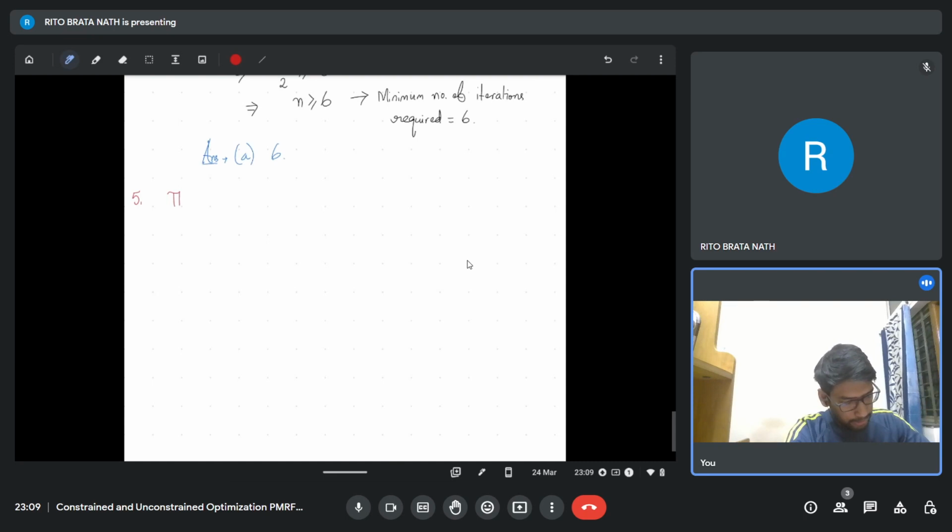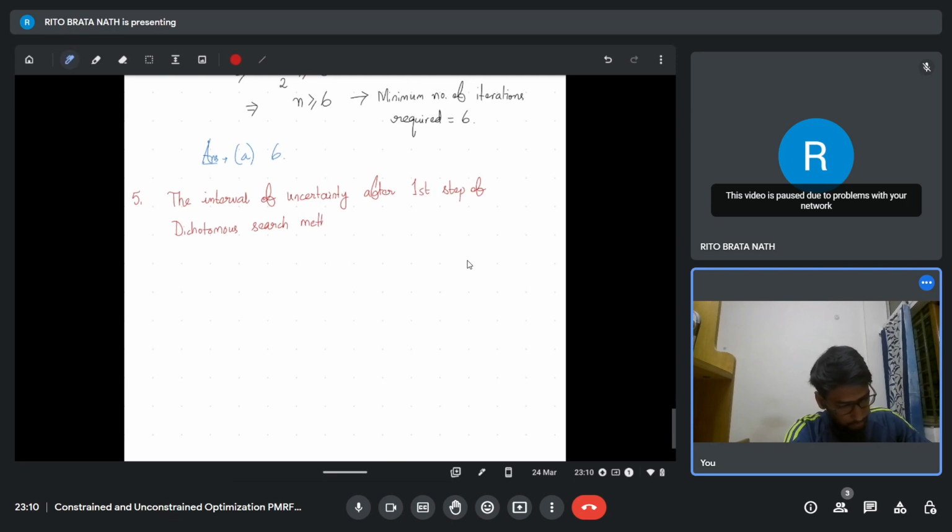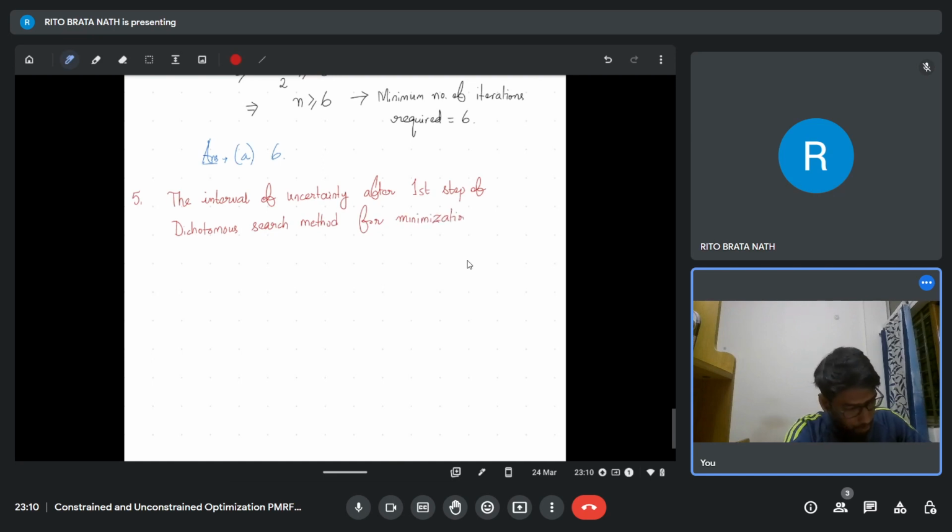The problem asks for the interval of uncertainty, which I think you already know from the slides and the lectures, after the first step of the dichotomous search method for minimization of f(x) equals x squared minus 3x, with x belonging to 1 comma 2, with delta equals 0.001.